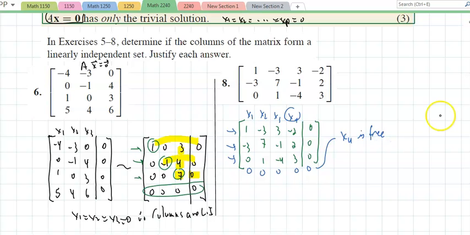And doesn't that mean you have an infinite amount of solutions? Therefore, x1 equals 0, x2 equals 0, x3 equals 0, x4 equals 0 is not the case. Linearly dependent. I don't have to do any work. So make sure you see the difference between this problem and this problem. They're nothing alike.